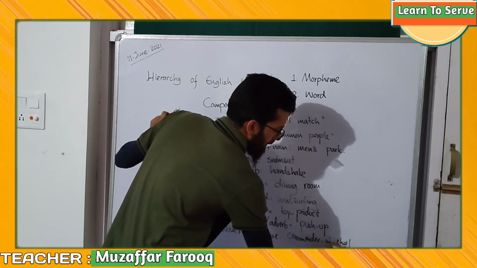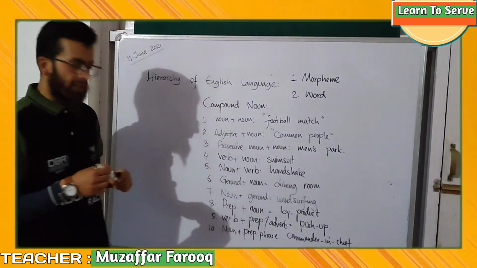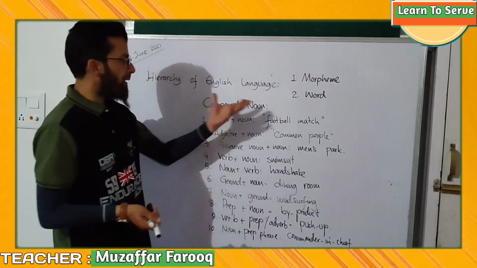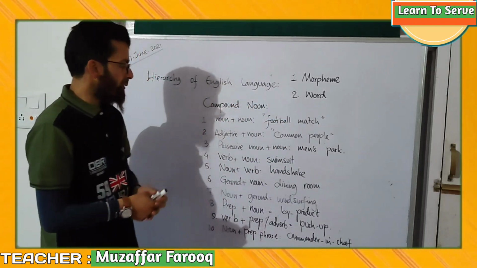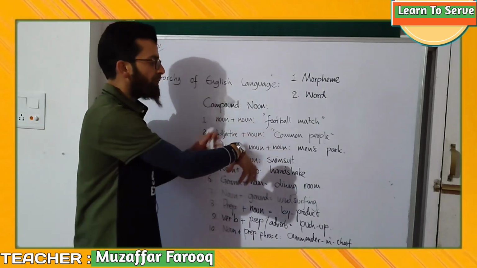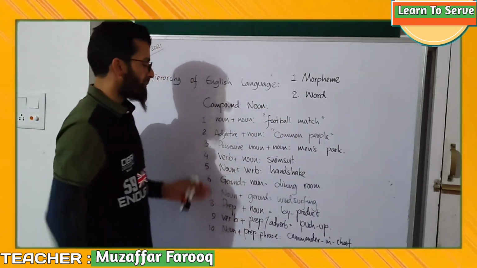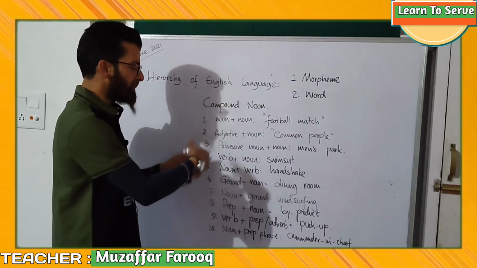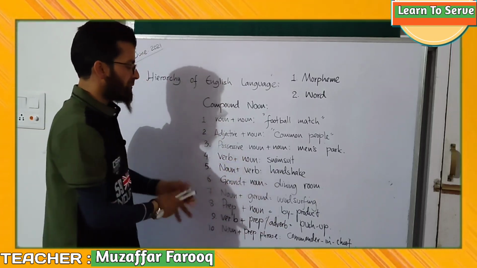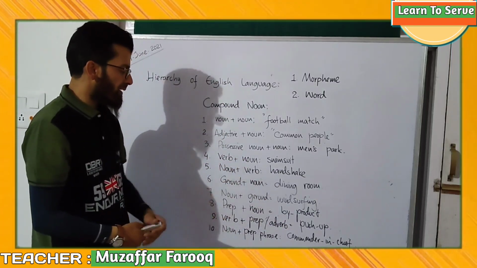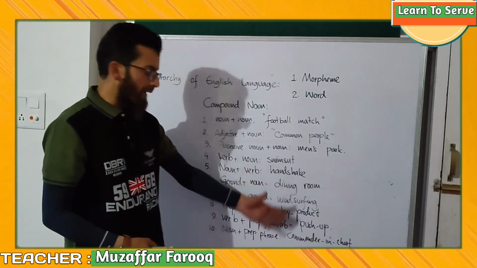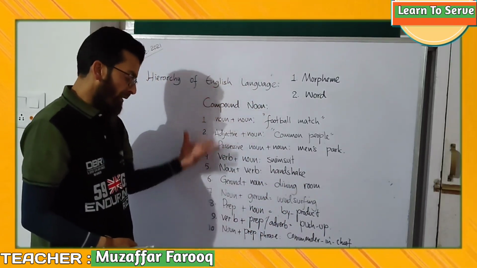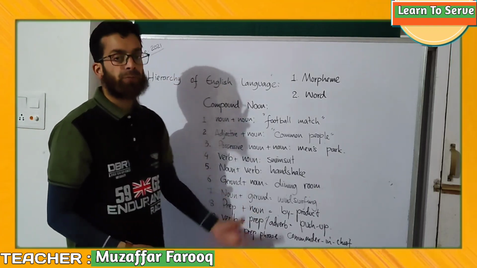So these are some basic types of compound nouns, where noun plus noun forms a compound noun, adjective plus noun, possessive noun plus noun, verb plus noun, noun plus verb, gerund plus noun, noun plus gerund, preposition plus noun, verb plus preposition or adverb. Similarly, we have noun plus prepositional phrase.